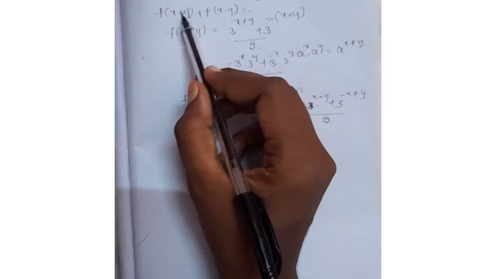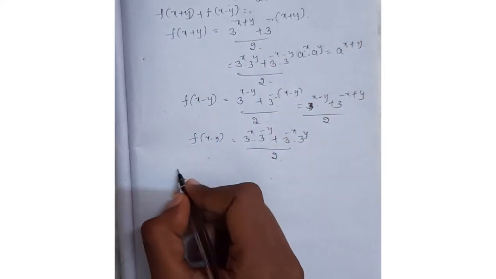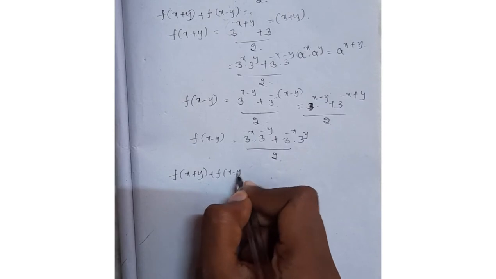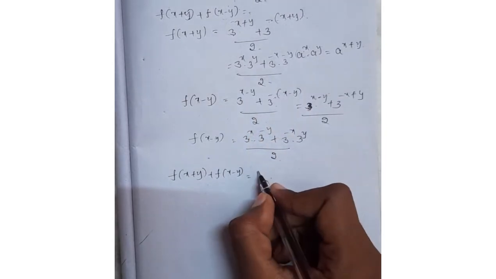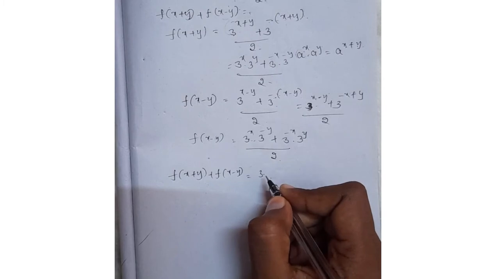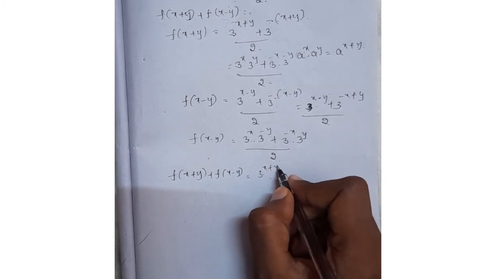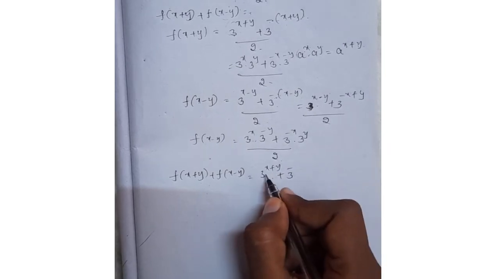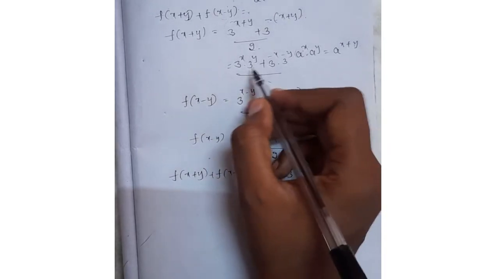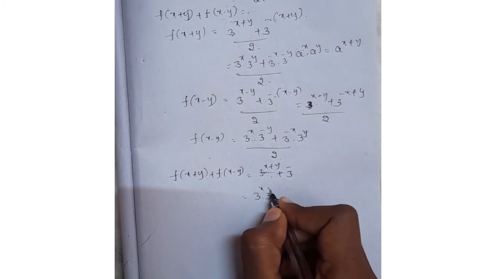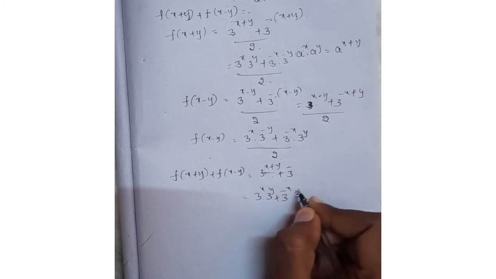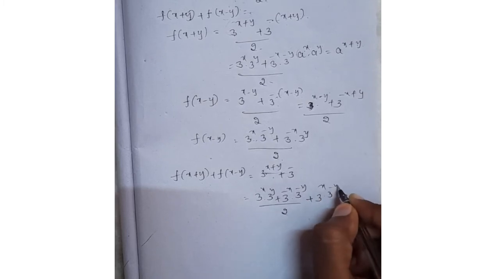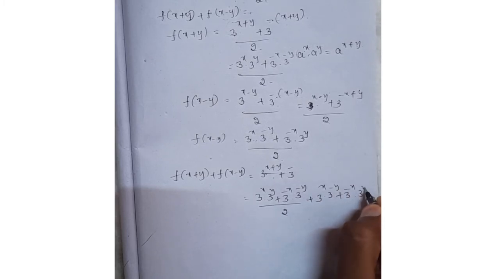Now adding both, f of x plus y plus f of x minus y equals 3 power x into 3 power y plus 3 power minus x into 3 power minus y by 2, plus 3 power x into 3 power minus y plus 3 power minus x into 3 power y by 2.